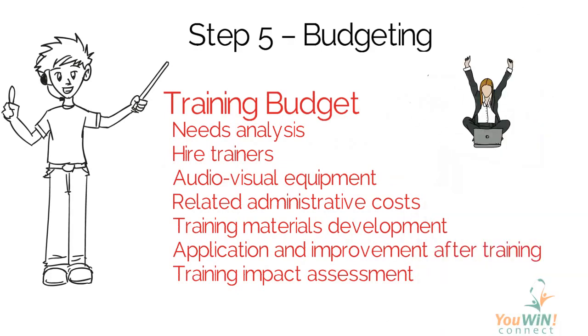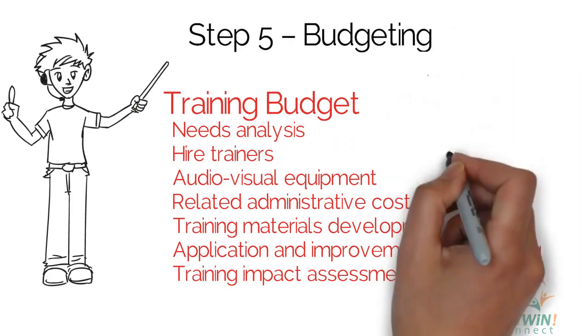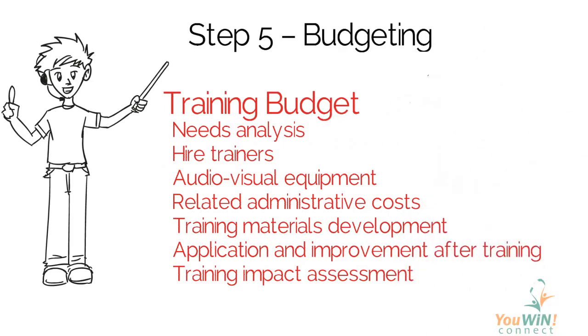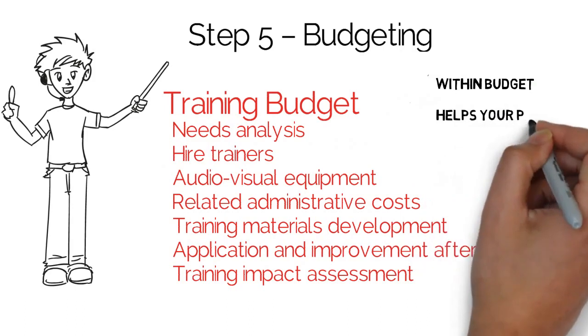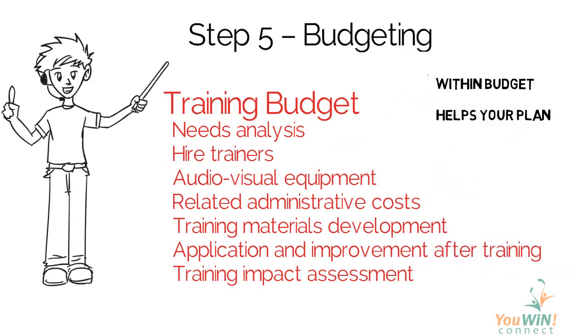We'll also look at application and improvement after training and the training impact assessment. When you break down the elements in drawing up your budget, this will help you to ensure that you stay within budget, and ultimately this helps your plan.